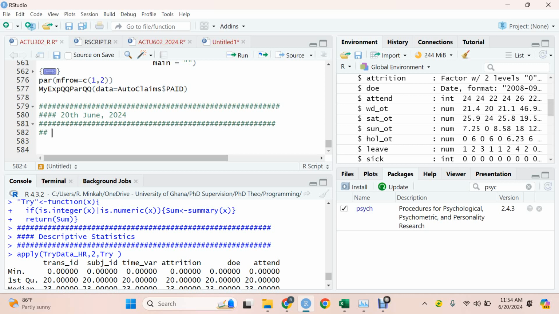So generate 100 observations from a gamma distribution with parameters 2 and 5.